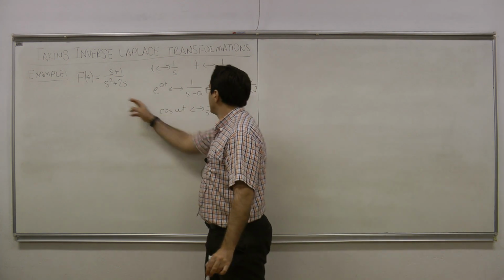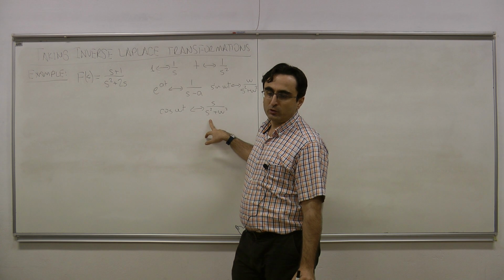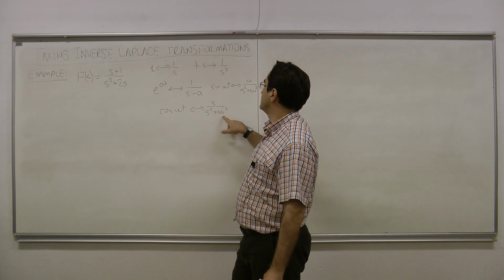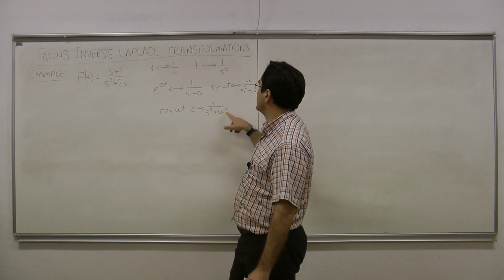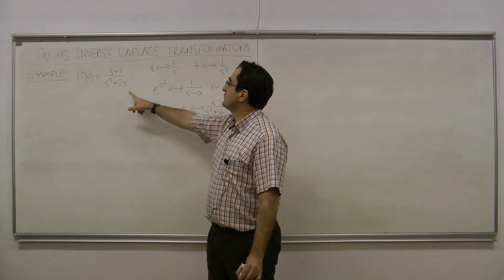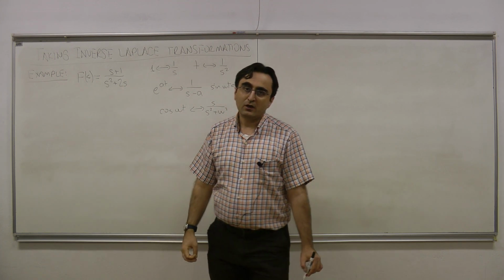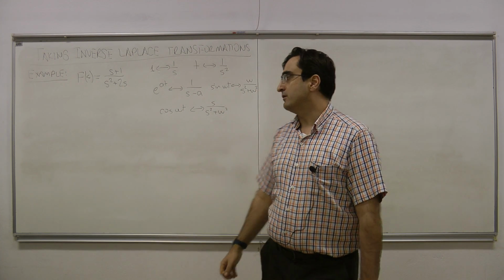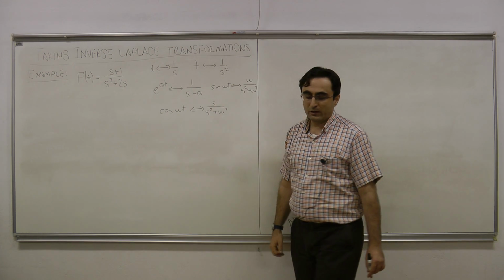I have an s squared here. In the sine and cosine, we have again s squared in the denominator. But here, the second coefficient in the sine and cosine should be a constant with respect to s. But the second coefficient in this Laplace transformation is dependent on s. Therefore, I see that this Laplace transformation does not look like sine or cosine either.